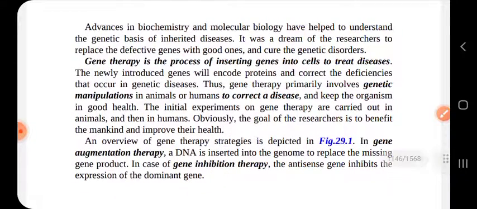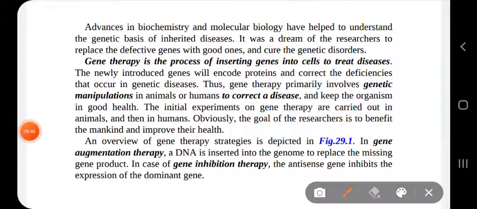So these are the ways. First, we can replace the mutated gene with our normal gene. We can knock out a mutated gene which is functioning improperly, or we can introduce a new gene to the body to help us fight a certain disease.